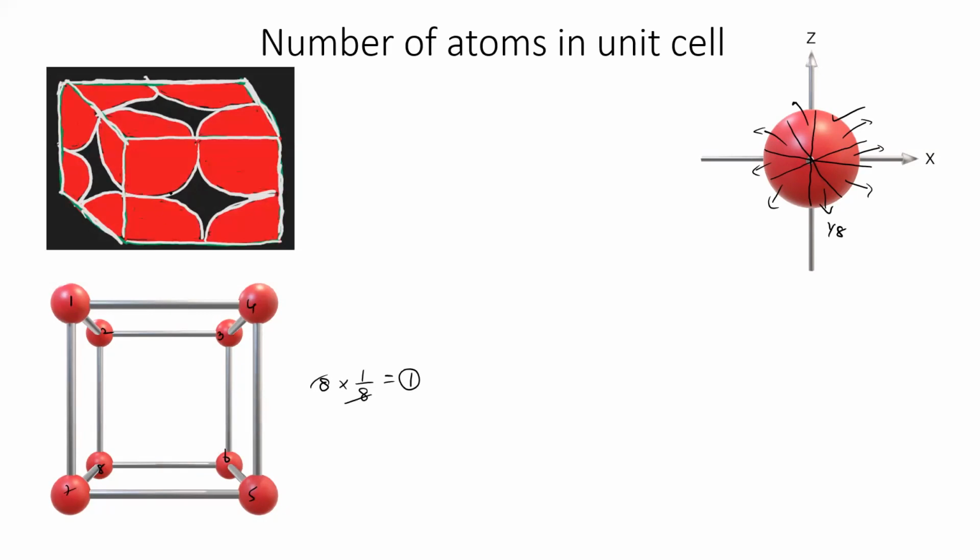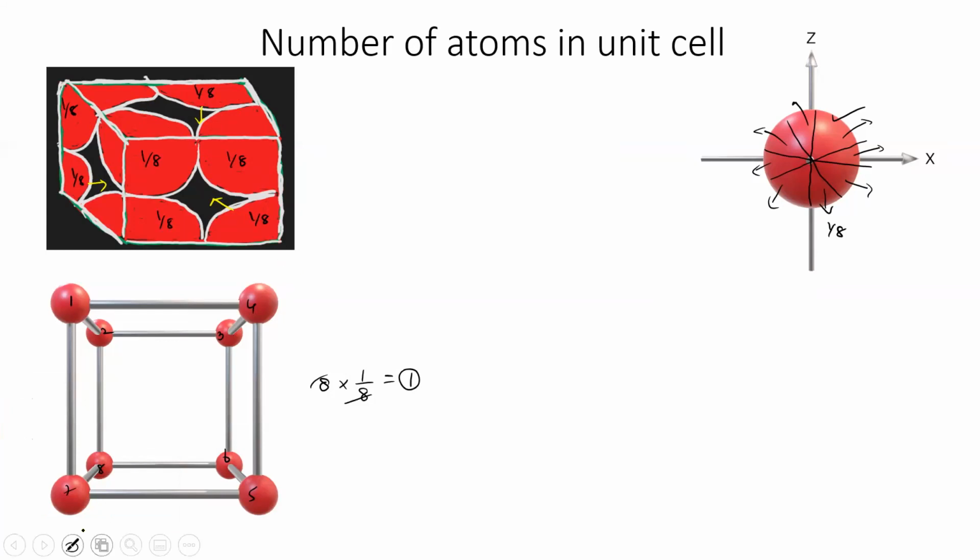If you look at it in 3 dimensions, this is 1/8 part, this is also 1/8 part, and so on. Now you can have a question: only 7 atoms are there, sir. The eighth is opposite to this one, or below this one, because in 2 dimensions we are unable to see it.